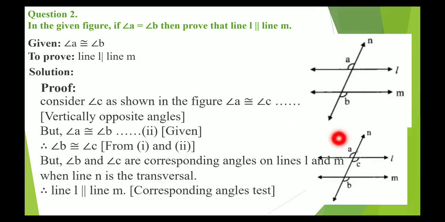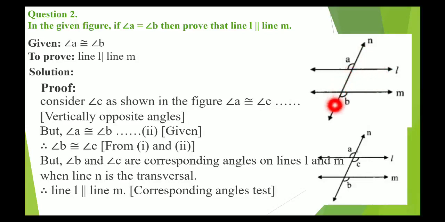So from statement number 1 and 2, I have proved that angle B is congruent to angle C. But angle B and C are corresponding angles. If you observe properly, children, angle C is here, right?